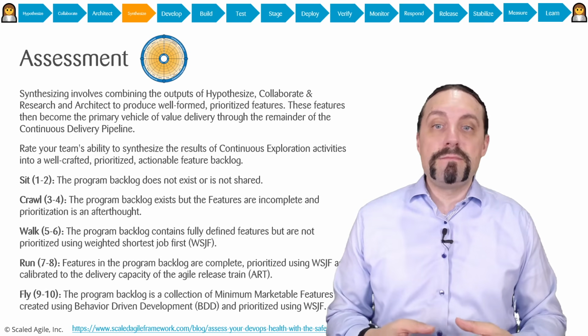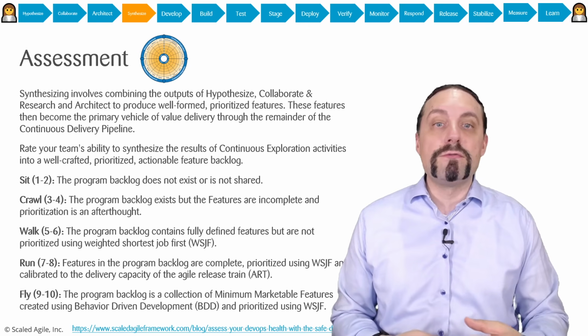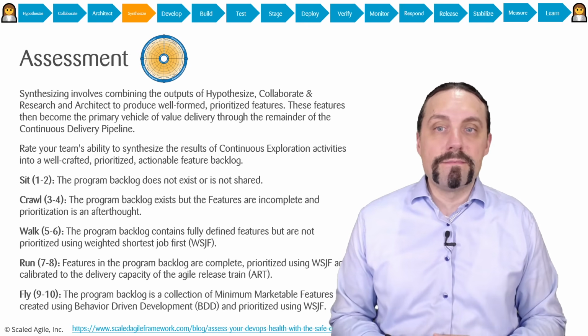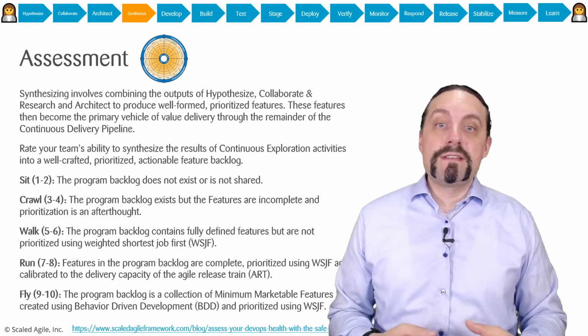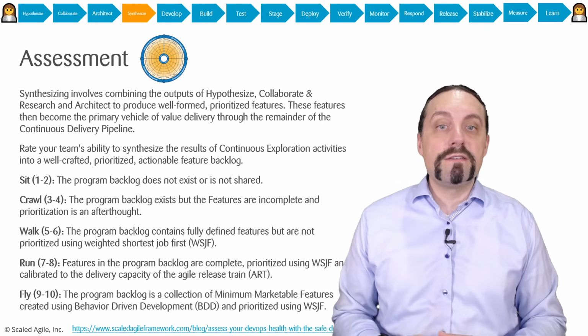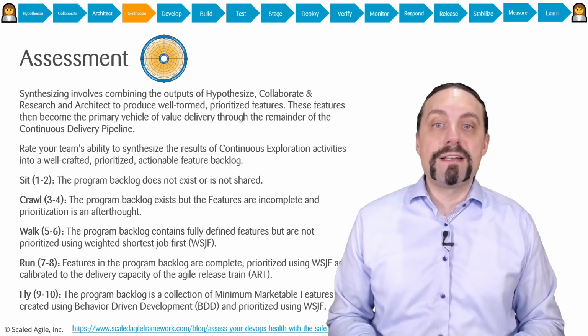These features then become the primary vehicle of value delivery through the remaining of the continuous delivery pipeline. Rate your team's ability to synthesize the results of continuous exploration activities into a well-crafted, prioritized, actionable features backlog.